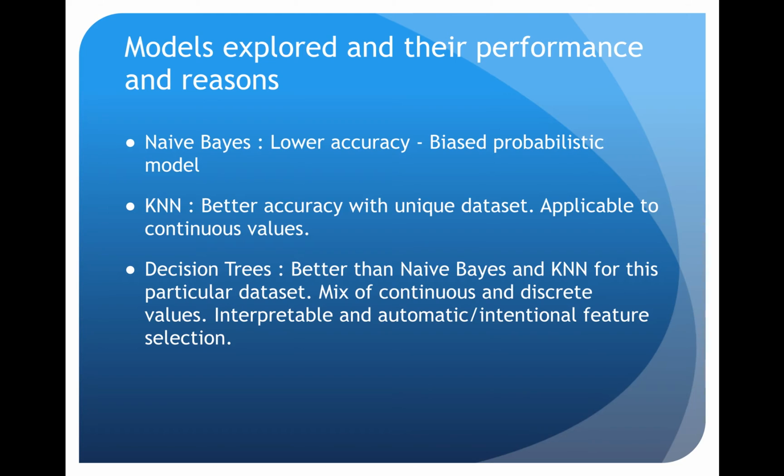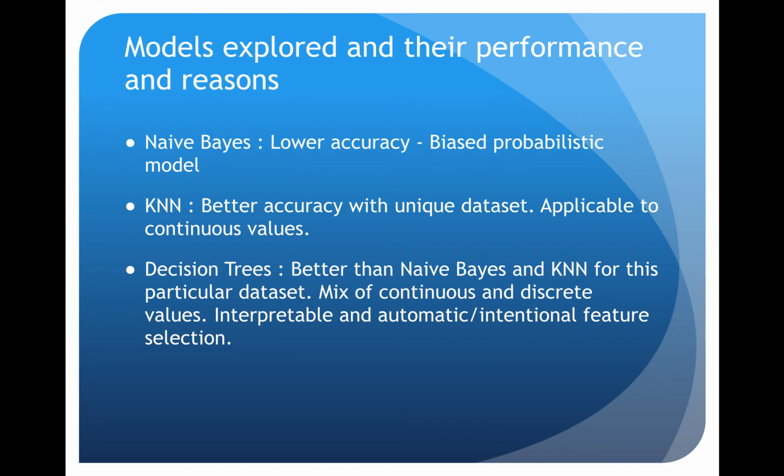So out of the 3 models I used, Naive Bayes gave me the lowest accuracy. It is a probabilistic model and so it is biased. KNN is better for continuous values, since this data set is a mixture of both factors and numericals. Decision tree worked best. Also with decision tree, we can do feature engineering.